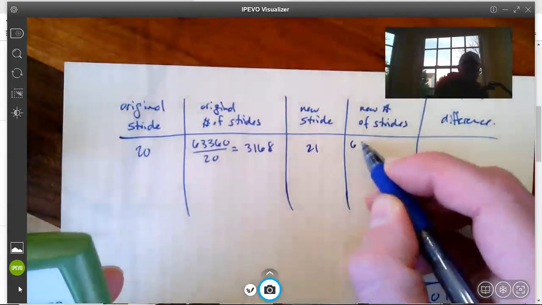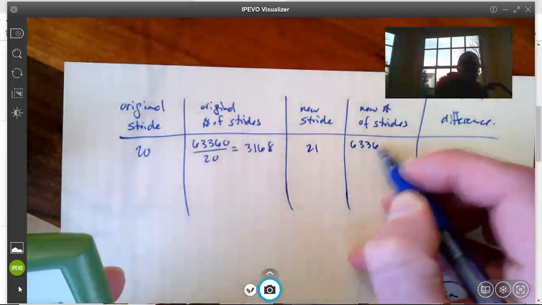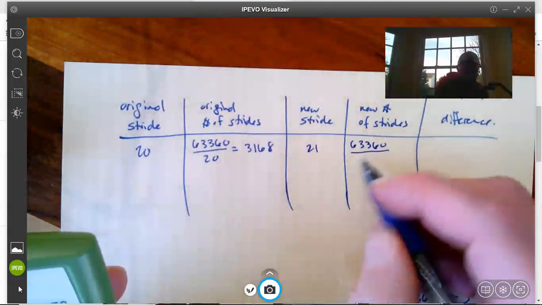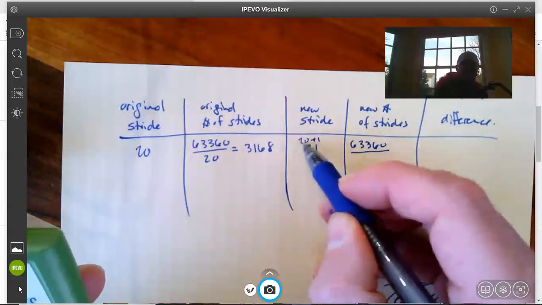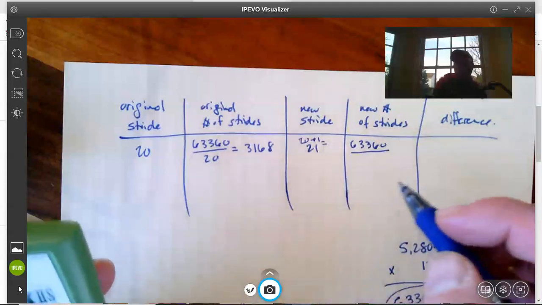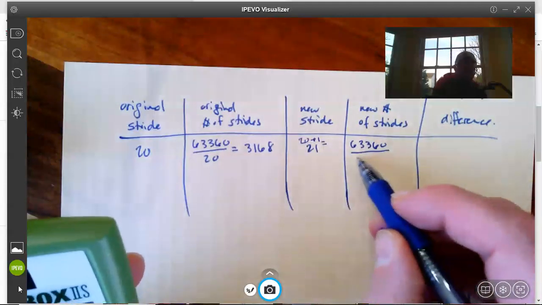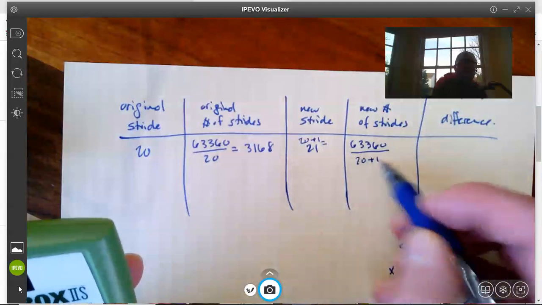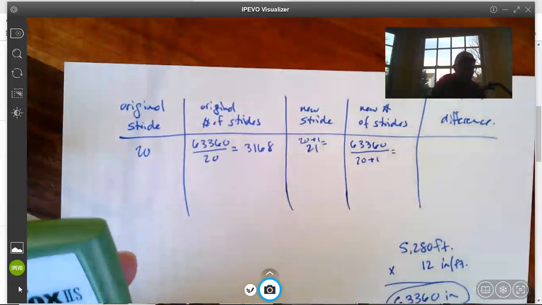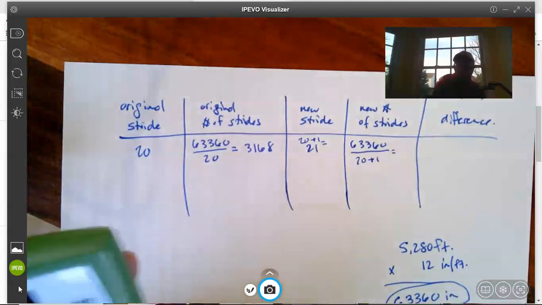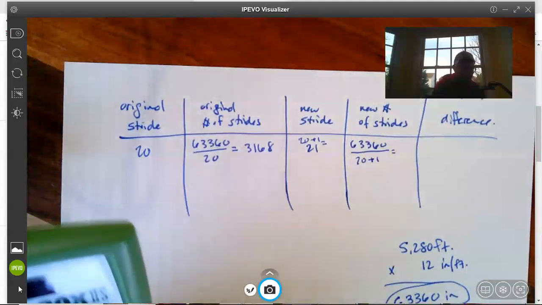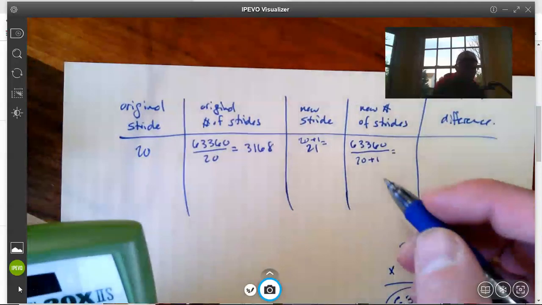So my new stride would be 21, and by the way, 21 is 20 plus 1. So I would have 63,360 divided by 20 plus 1, so 63,360 divided by 21.